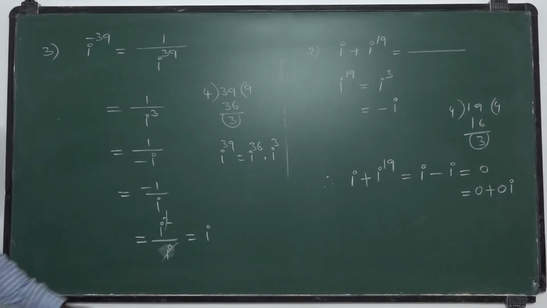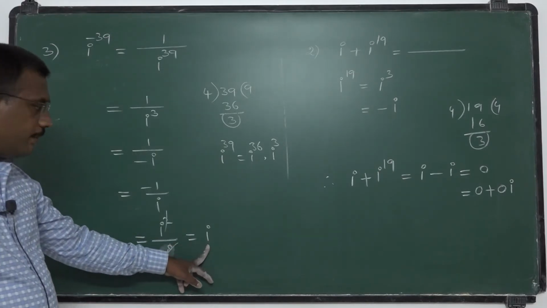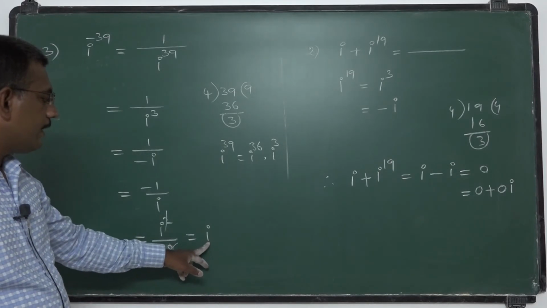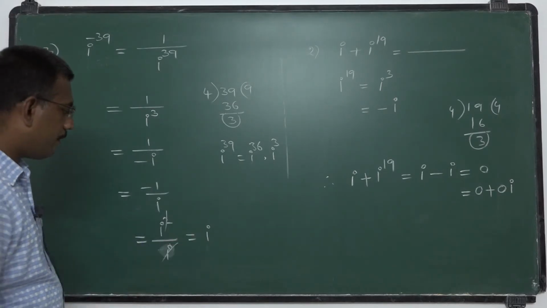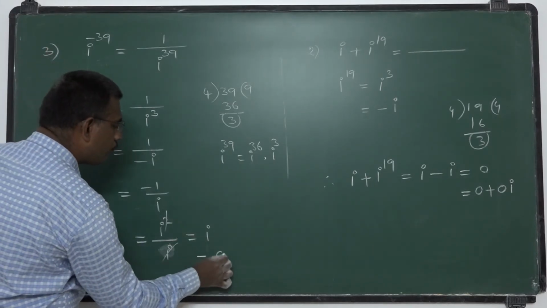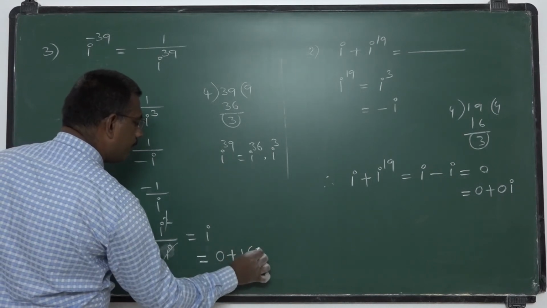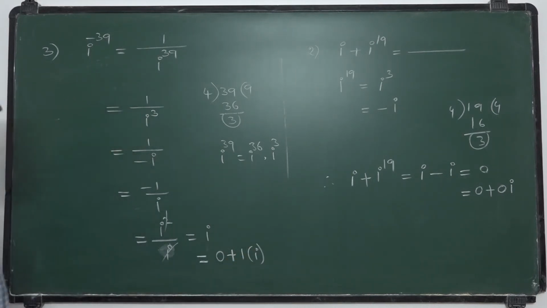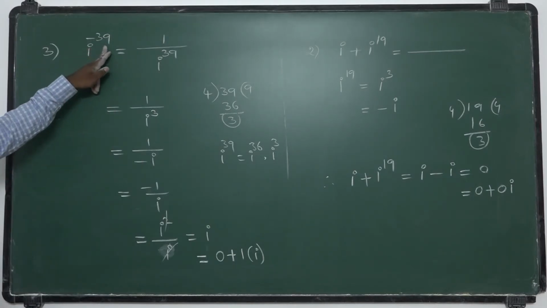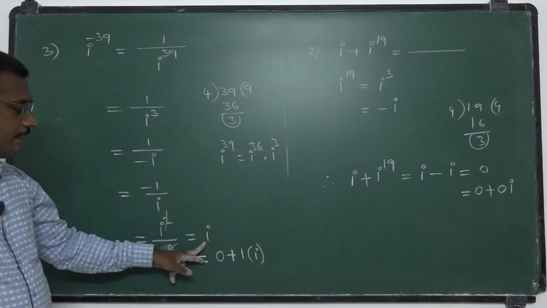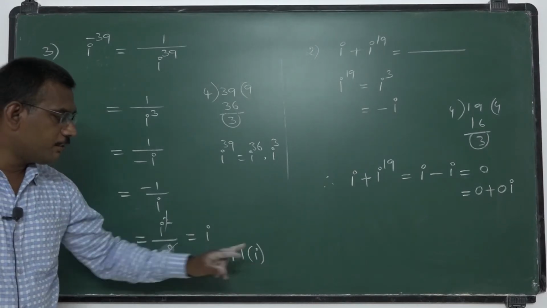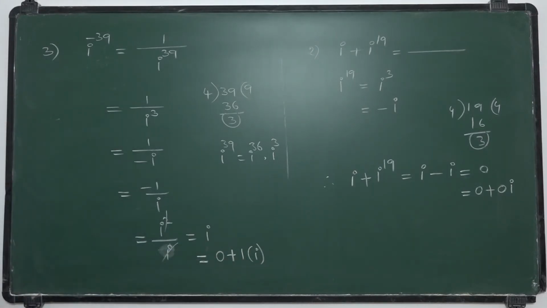Here we can express i in the form a plus ib. So that is equal to 0 plus 1 into i. Therefore i power minus 39 is equal to i, which can be written as 0 plus 1 into i. Next problem.